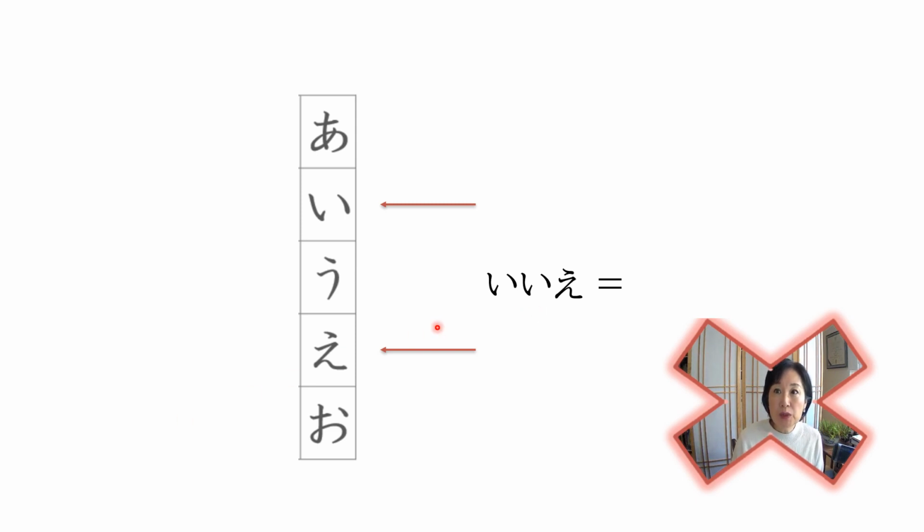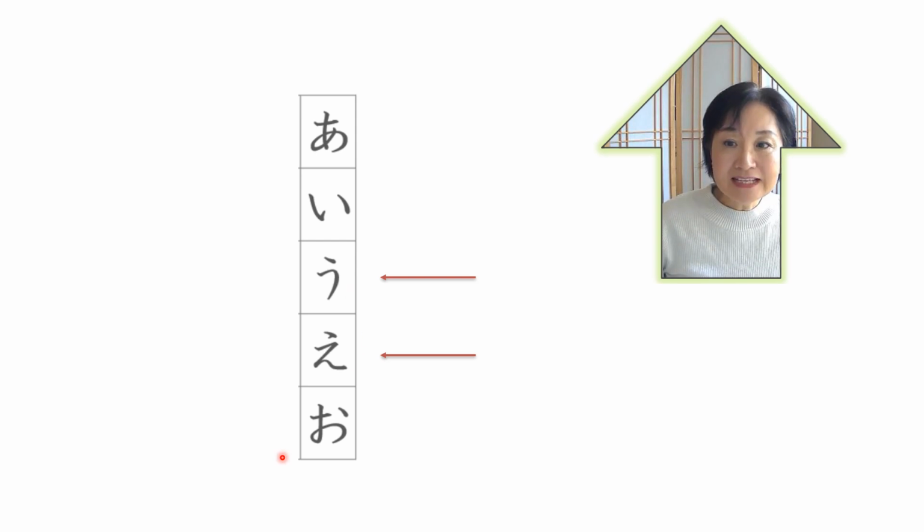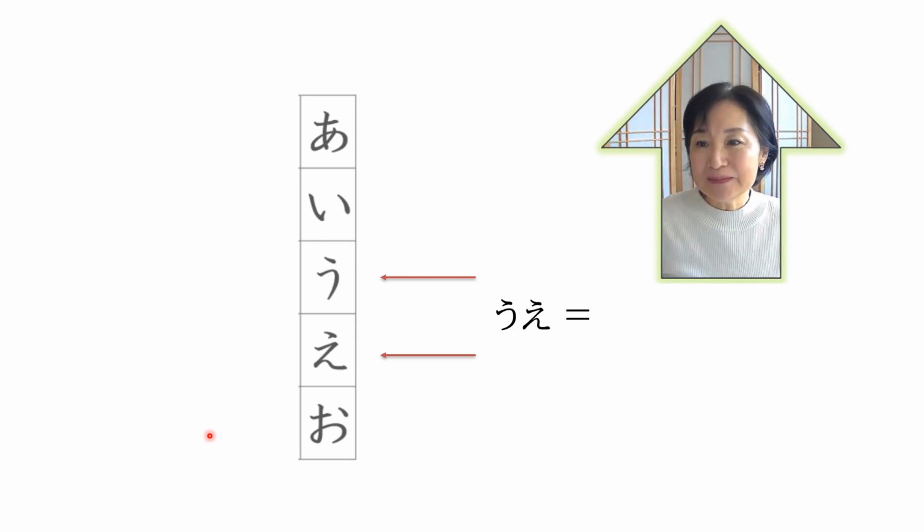How about this one with double e? 読んでください。iie, and it means no. It's the opposite of はい. How about these 2 letters? Please read. 読んでください。そうです。ue, it means up or above.